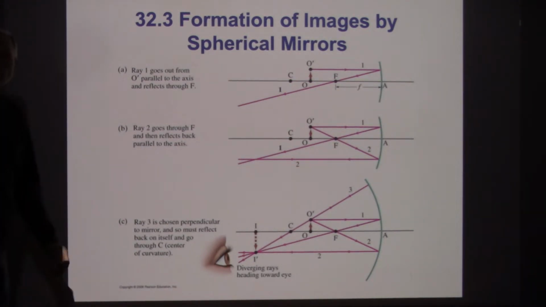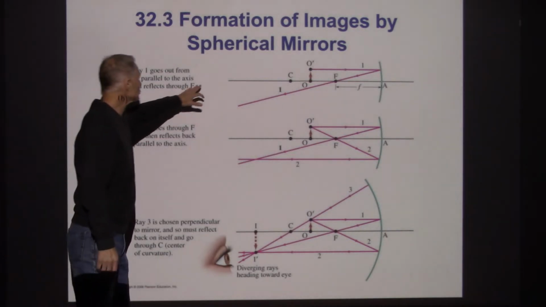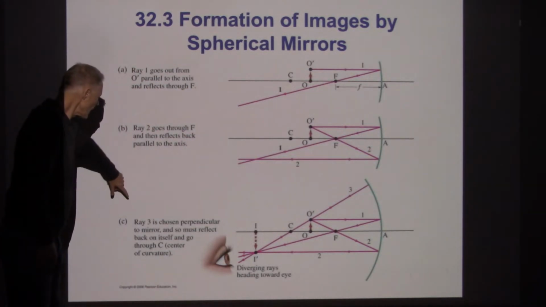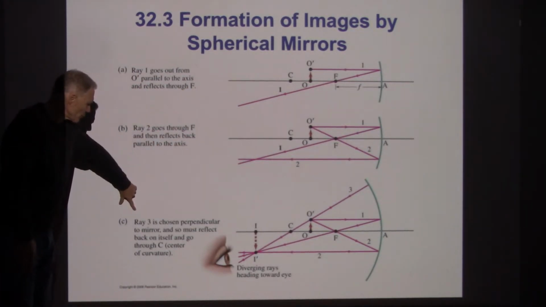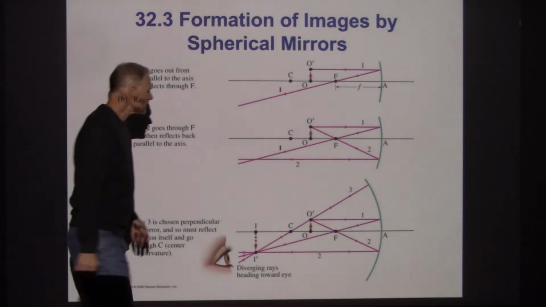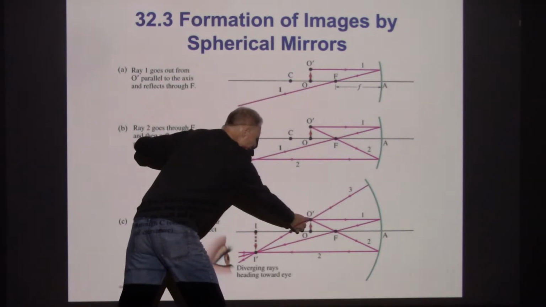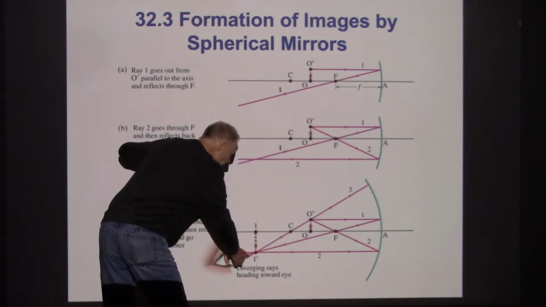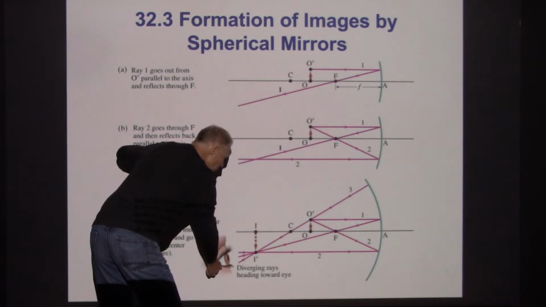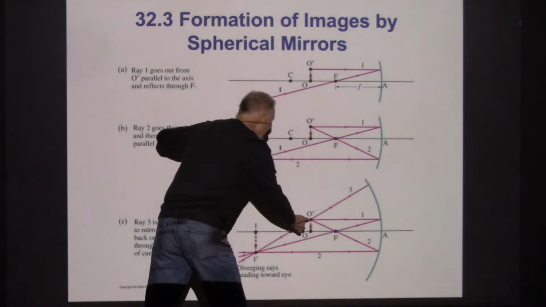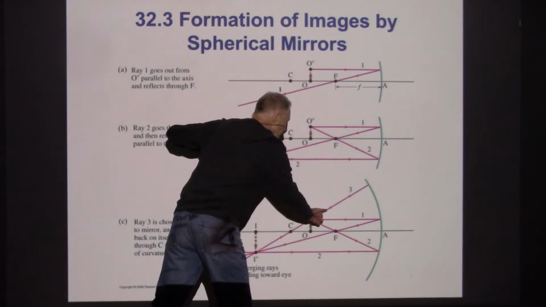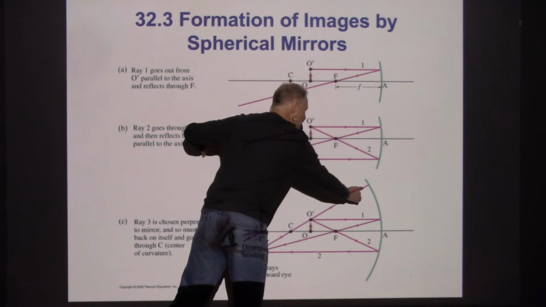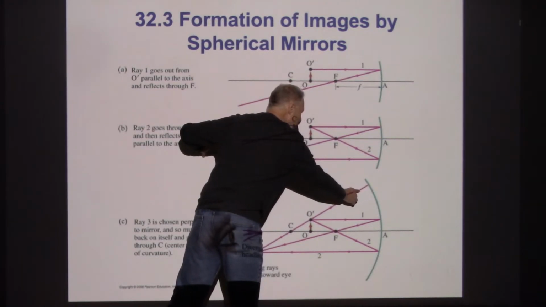Now, typically we do a third line, which is kind of just we're double checking our work from the first two lines. With mirrors, a very useful third line is to draw a line that comes through the center of curvature and then just continues. Now, what that's actually representing is light that reached the mirror, reflected right back.